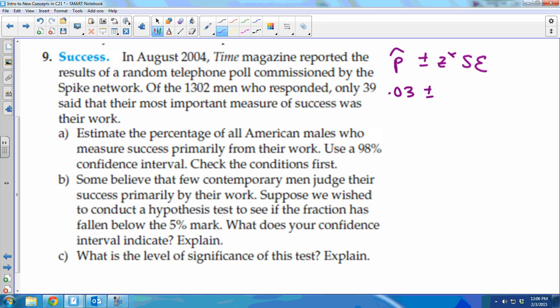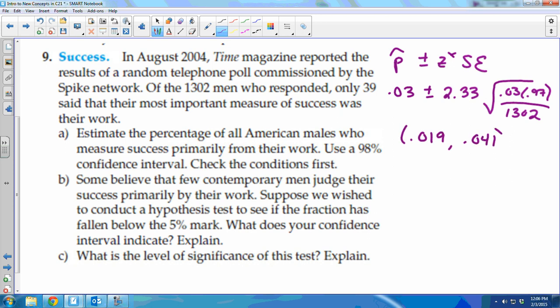Go to inverse norm and do 0.01, right? There's 2% left. You're doing half of it, so 0.01. Ends up being 2.33. And then we have 0.03 times 0.97. Your interval ends up being 0.019 to 0.041.